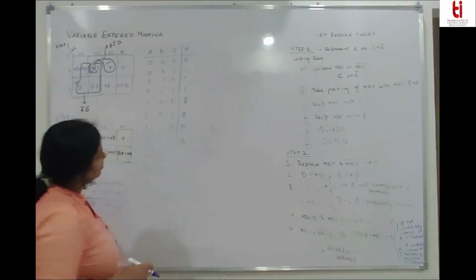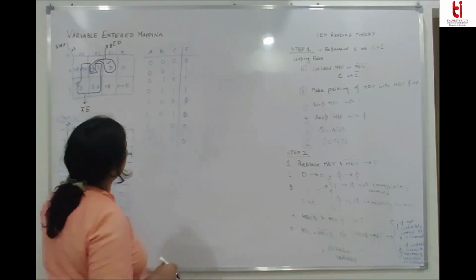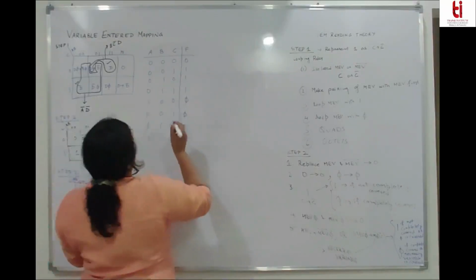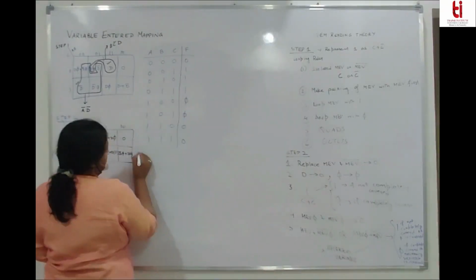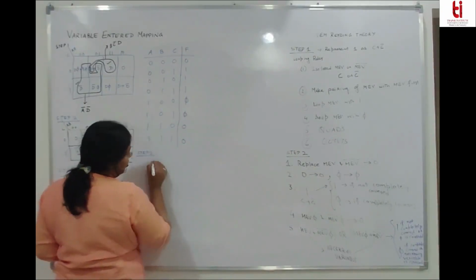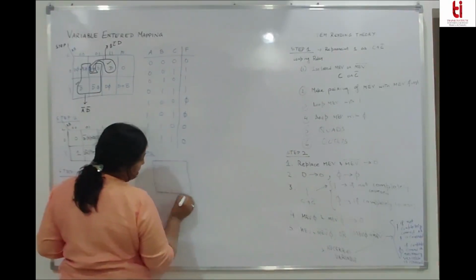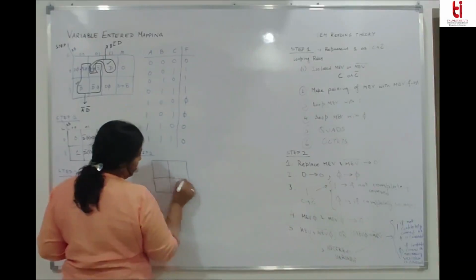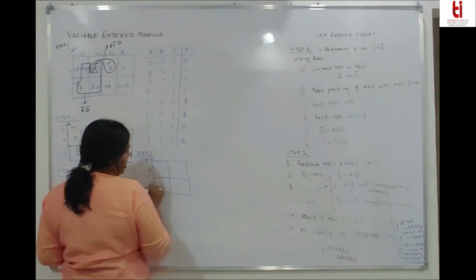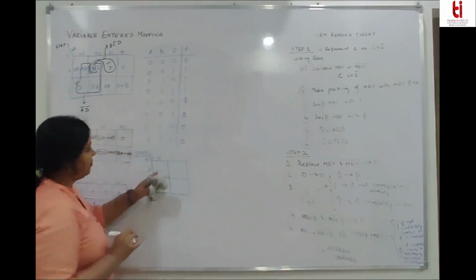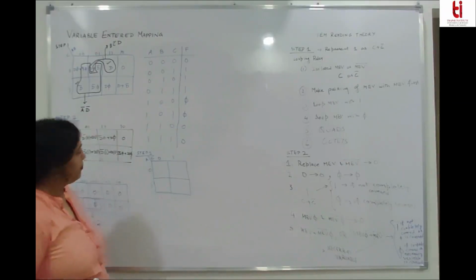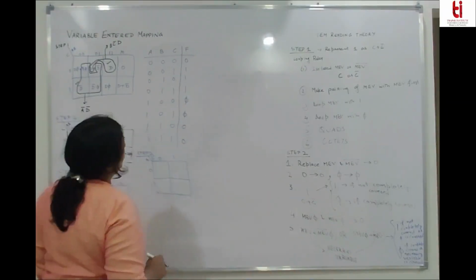I have generated some function. Suppose you want step 1, and you don't want to take the variables as AB, you take A and C. That means B will come in between. The map entered variable will be B here. Okay?